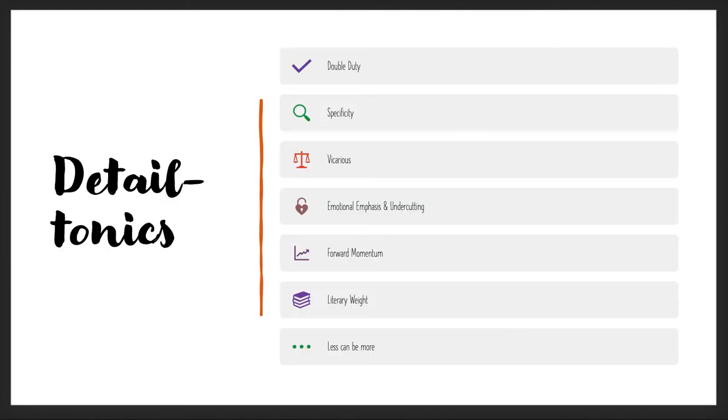So let's look at some elements we can look at when we are examining details. For instance, we could check whether or not they're double duty. Do they tell us more than one thing? For instance, by including the Newfie, it means A, she probably liked dogs, and B, we know dogs well enough to use their nicknames.